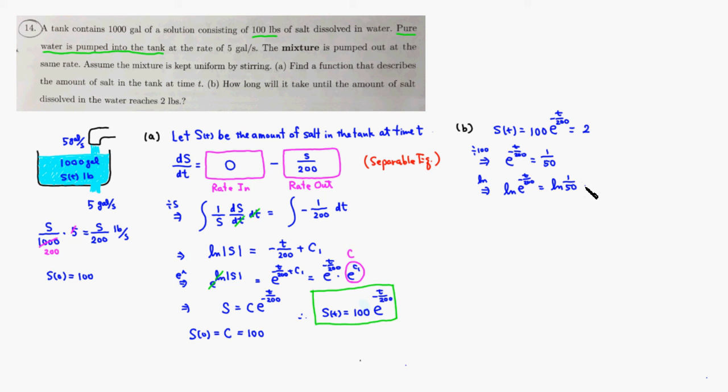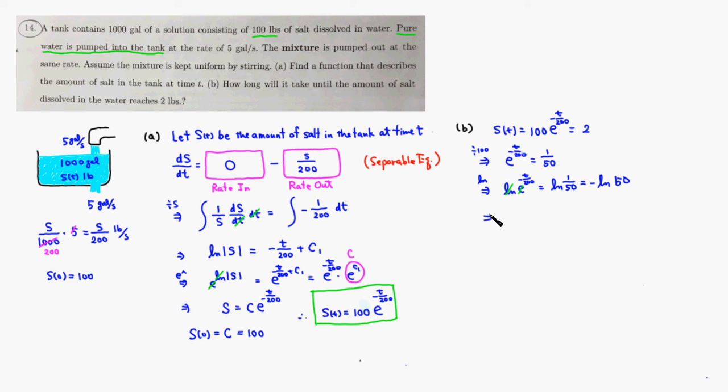This is a reciprocal, so it's a negative 1 power, which can be placed in front, giving a negative natural log of 50. Then you can see that the log and the exponential function cancel out, so you get negative t over 200 is equal to negative natural log of 50.